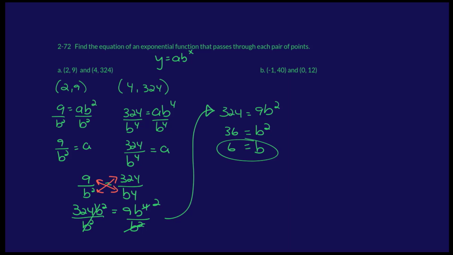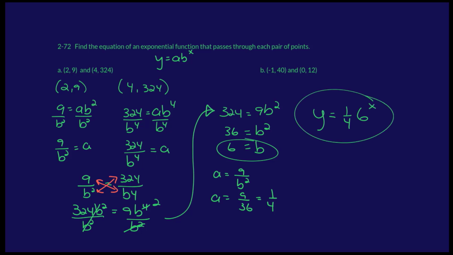And I will use the 9 over b squared, which equals a. So we have a equals 9 over b squared. So that means a equals 9 over 36, which equals 1/4. Okay? So that means our equation is y equals 1/4 times 6 to the x. That's our equation, and we will check that out in the calculator in just a moment.